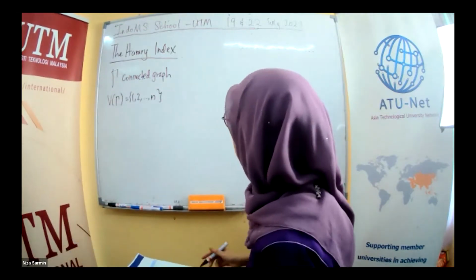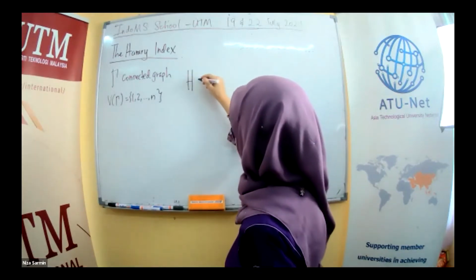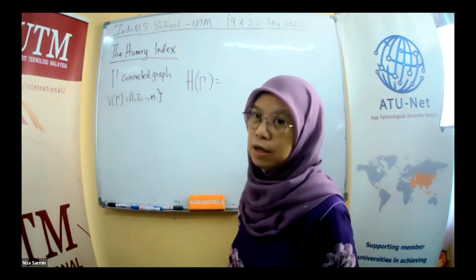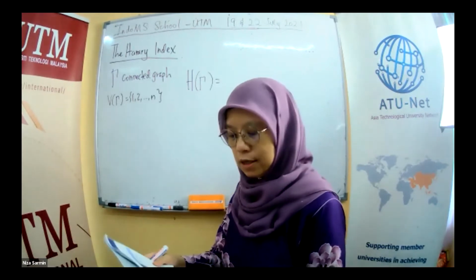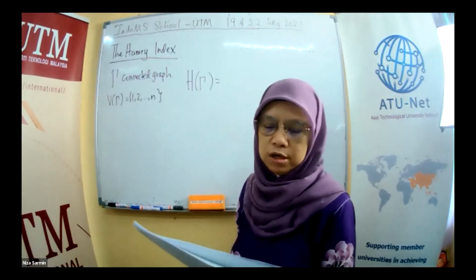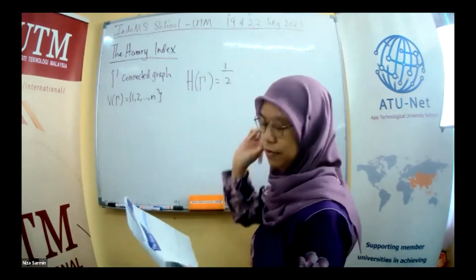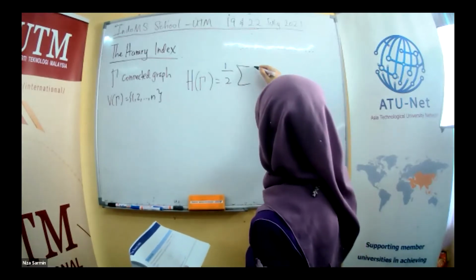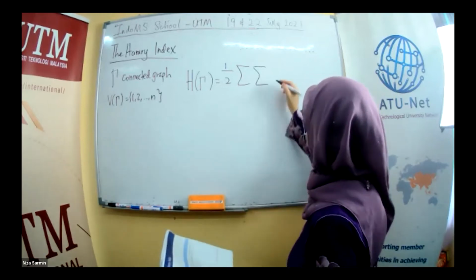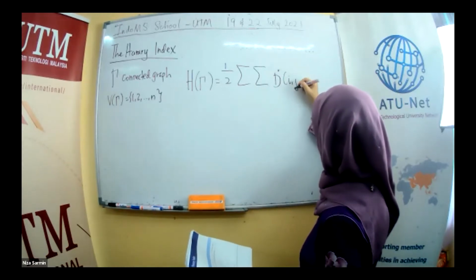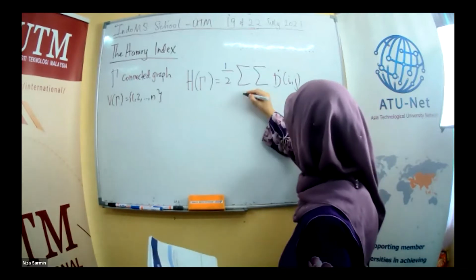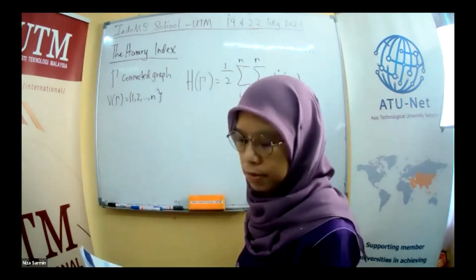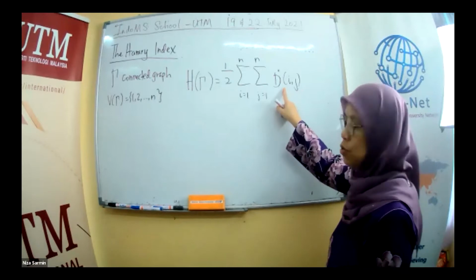The Harary Index of a graph gamma, or sometimes people just write H, is a half sum of the elements R_ij, where i and j go from 1 to n.